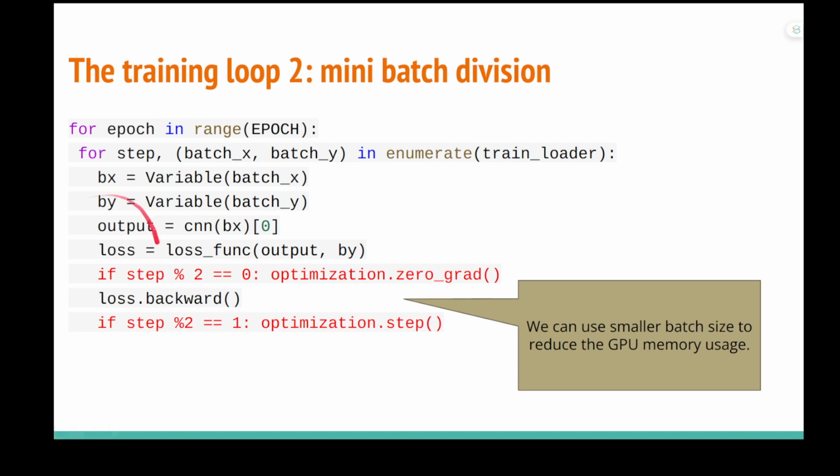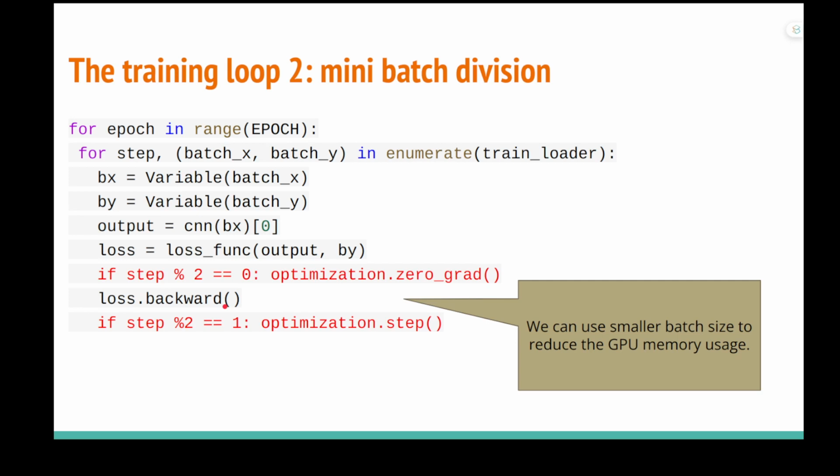And for the next 16 data, you call the backward again, and then you call the step function. Since inside the backward function, when we calculate the gradient, it will actually accumulate the gradient for the new 16 images inside the parameters.